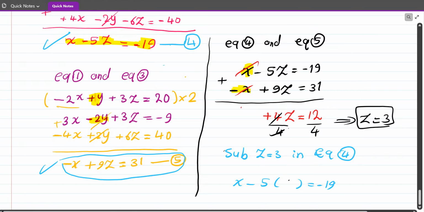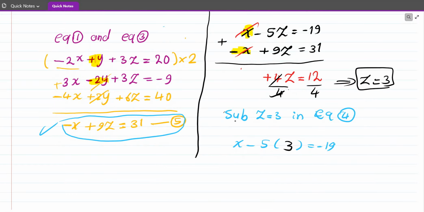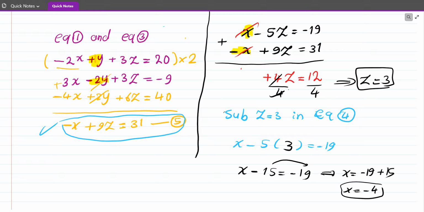The value of z is 3, so instead of z I wrote 3. We will get x minus 5 times 3, 15. On the other side I have negative 19. By moving 15 to the other side, I will get x equals negative 19 plus 15, which is x equals negative 4.